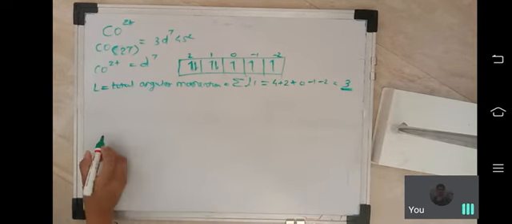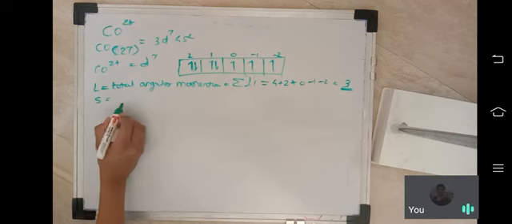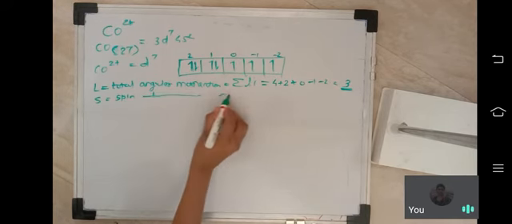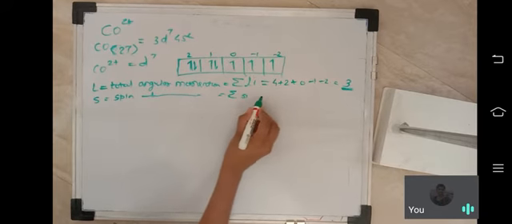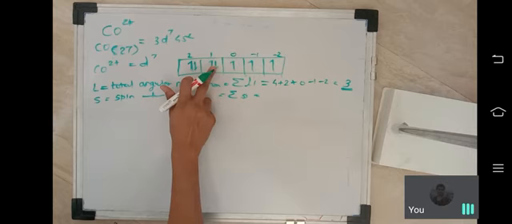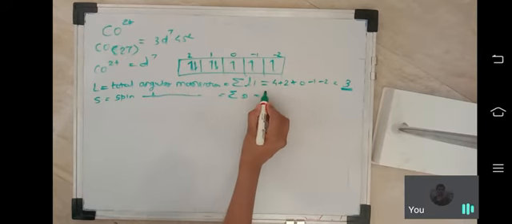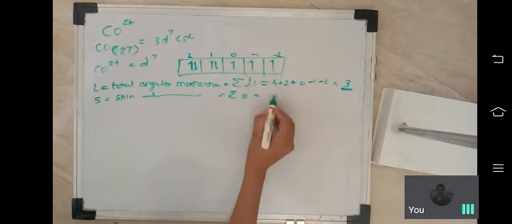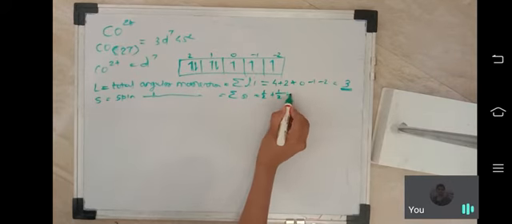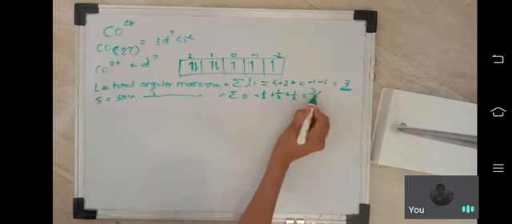Then S is the spin angular momentum, the summation of Si. Here plus half and minus half get cancelled. That means half plus half plus half, that means 1 upon 2 plus 1 upon 2 plus 1 upon 2, that means 3 by 2.